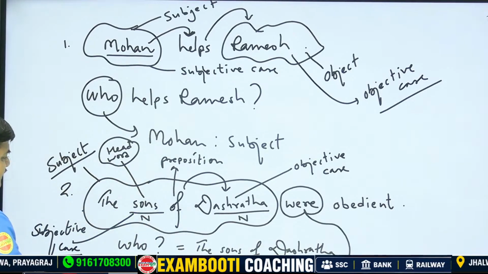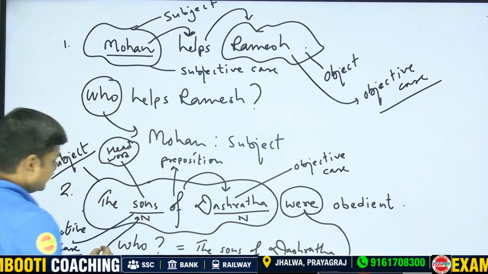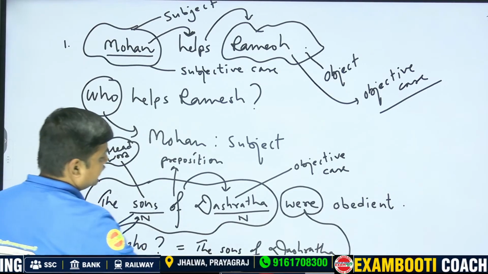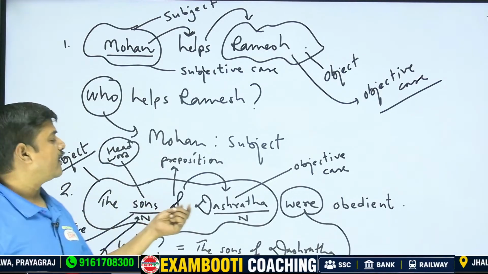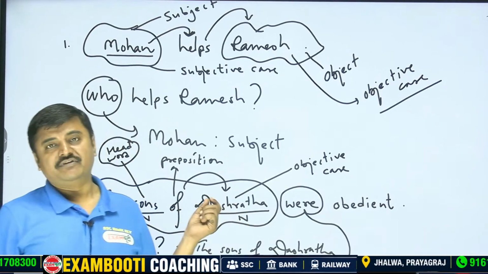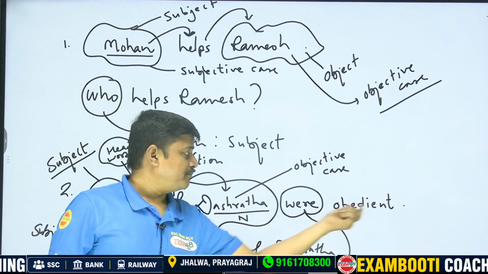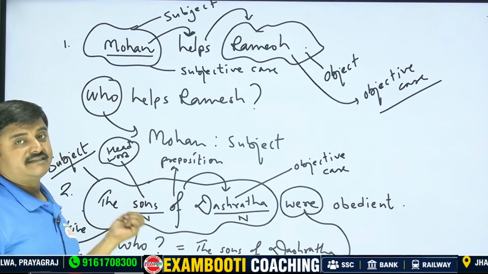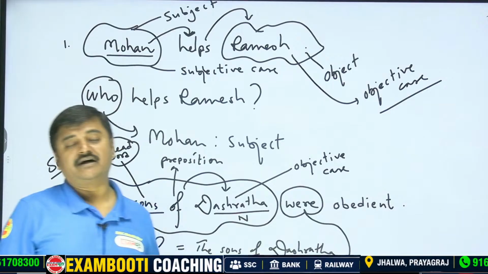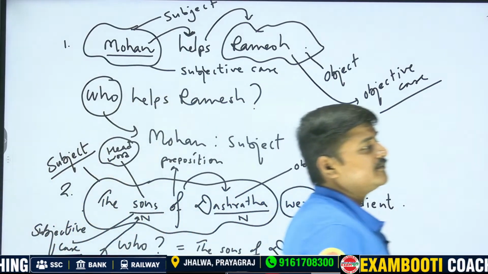So this is the actual word. Why is this word used there? Because we are talking about the sons. We are not talking about Dasratha here at all. This predicate for obedient is used for sons, not for Dasratha. That is what the sense is.